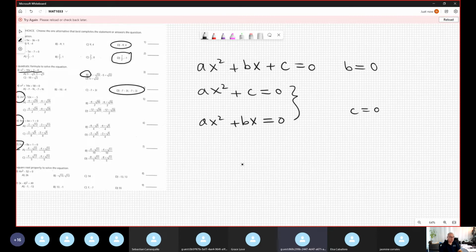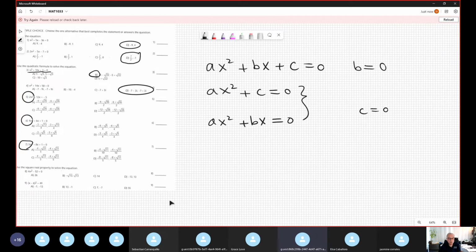Okay, let's do, for example, number 8: 4x squared minus 52 equals 0. Okay, a is 4. b is missing. Do you see it missing? No linear term. And c is negative 52.